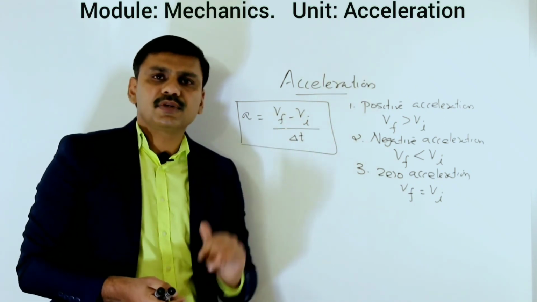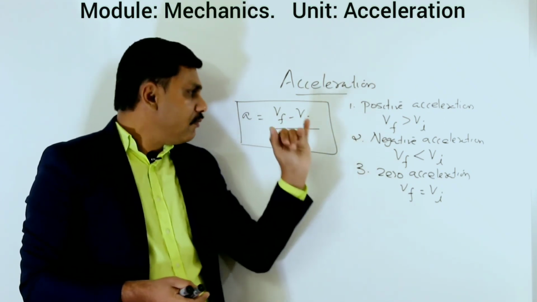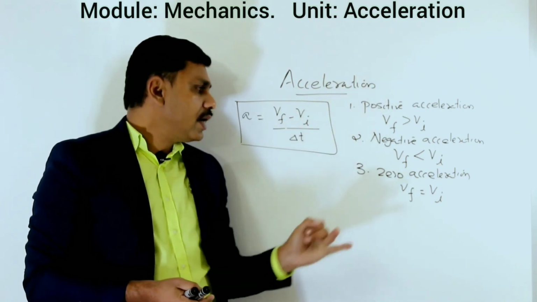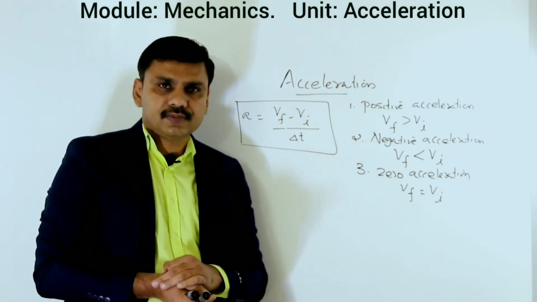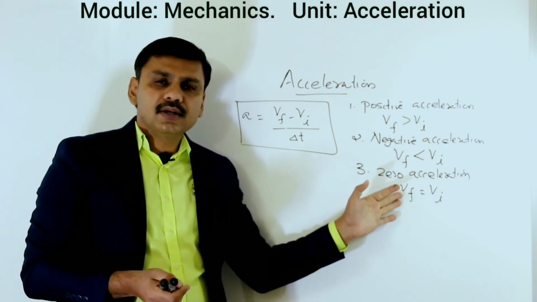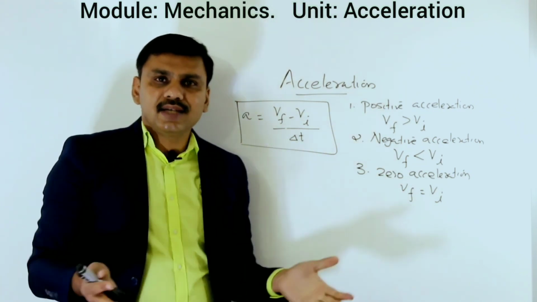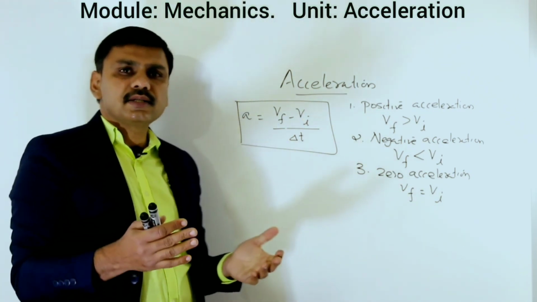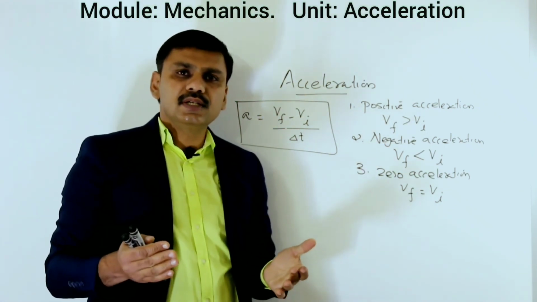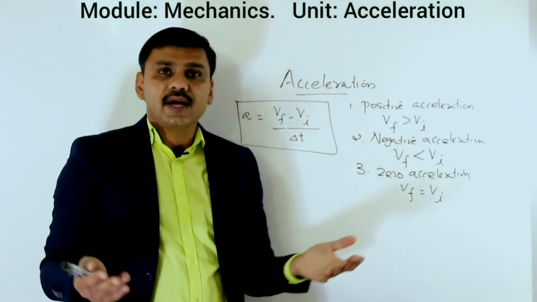So there are three types of acceleration: positive acceleration, negative acceleration and zero acceleration. Zero acceleration means the speed of the object remains the same as time increases.